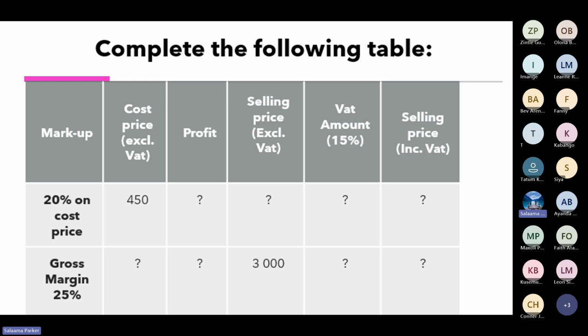Okay, right. So the first thing that we'll do here is we look at the markup method, and we will then identify the formula that we'll need to use. Tatum, do you want to share your answers, or I'm going to share mine now.